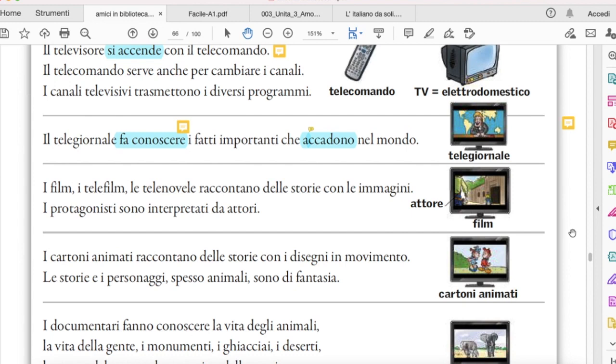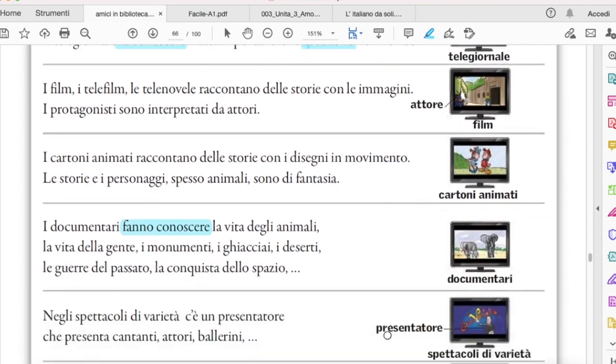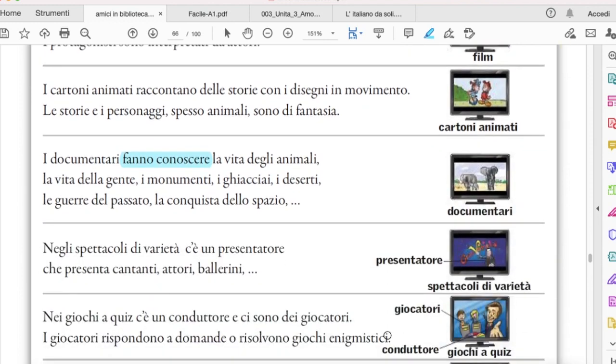Personaggi, characters. I documentari fanno conoscere, and then we have another one for fare conoscere. I documentari fanno conoscere la vita degli animali. La vita della gente, i monumenti, i ghiacciai, i deserti, le guerre del passato, la conquista dello spazio. So, la vita degli animali is animals' life.